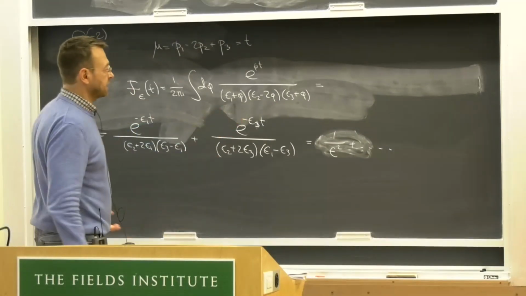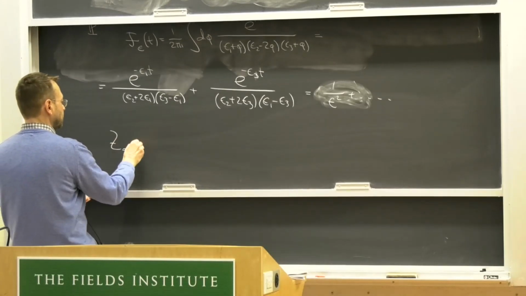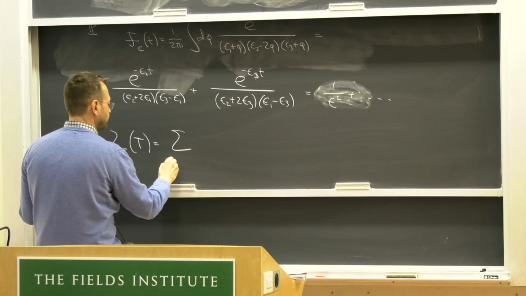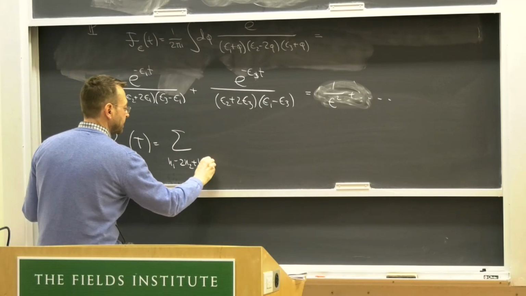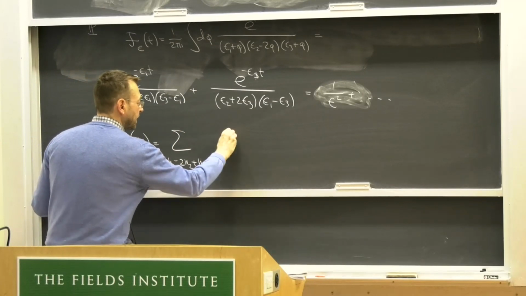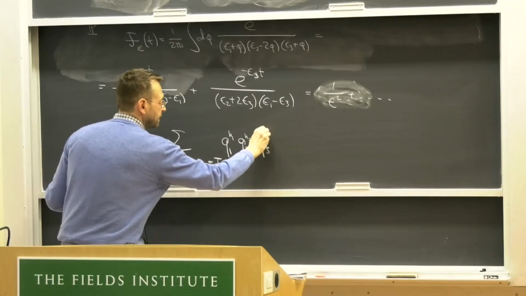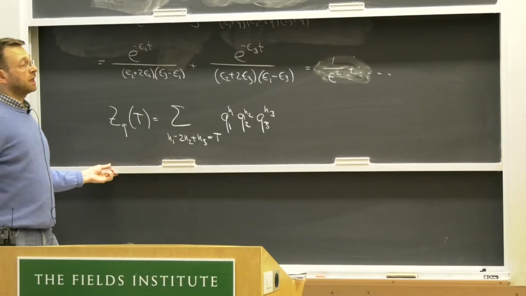The same thing, you can write a partition function. So the partition function will be, for you, Z of q and t, equal to the sum over n1 minus 2 n2 plus n3 equal to t of q1 to the n1, q2 to the n2, q3 to the n3. So you see this minus 2 sign is a very drastic sign.